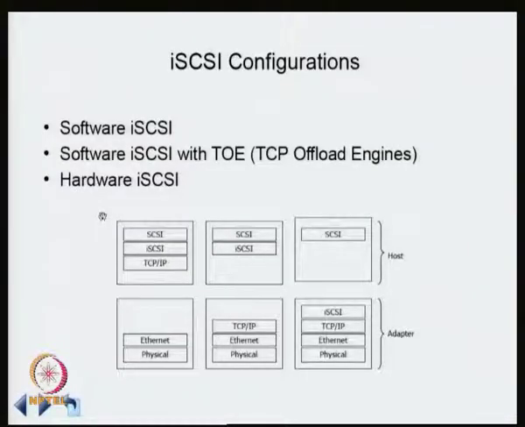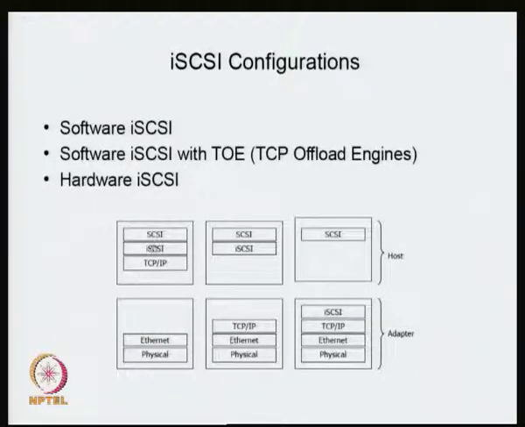Again, there are varieties of iSCSI possible. You can have a purely software iSCSI. That means that your host does all the processing with respect to both TCP/IP processing as well as iSCSI. In a sense, this is completely done in software, whereas the adapter is a regular Ethernet card, NIC, what you might call a vanilla adapter card you can directly use.